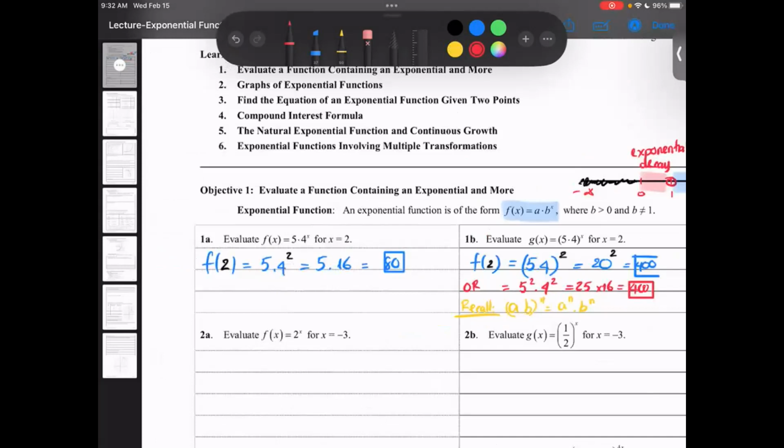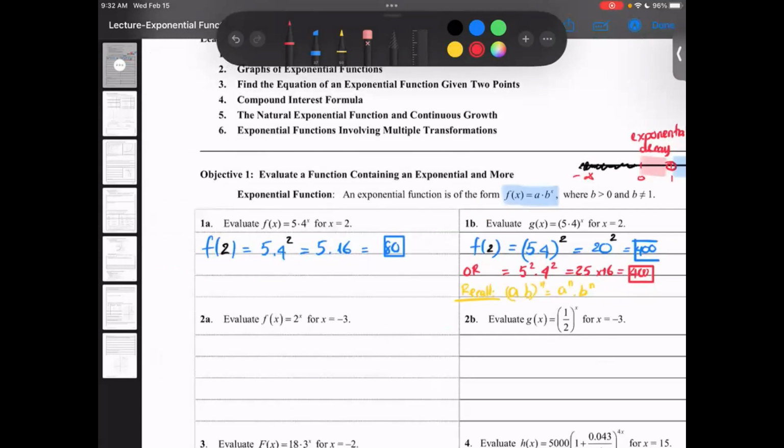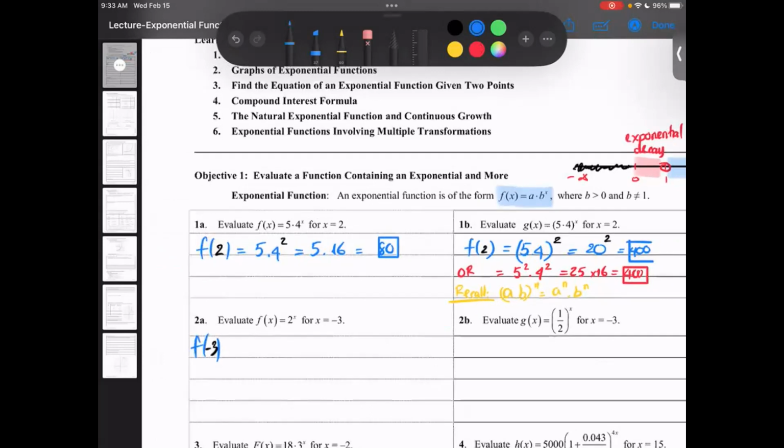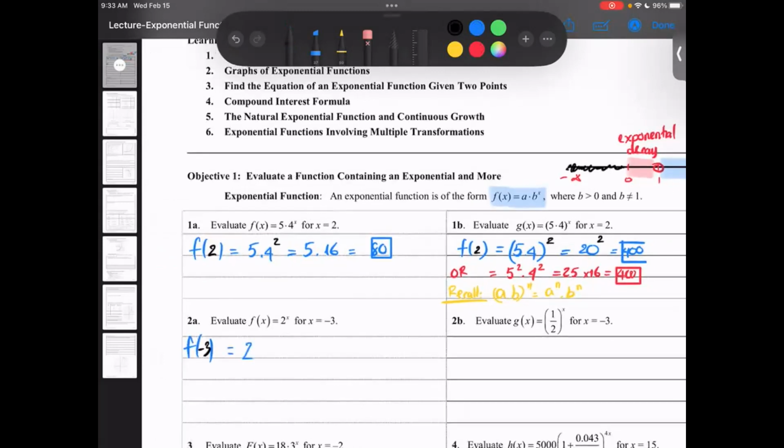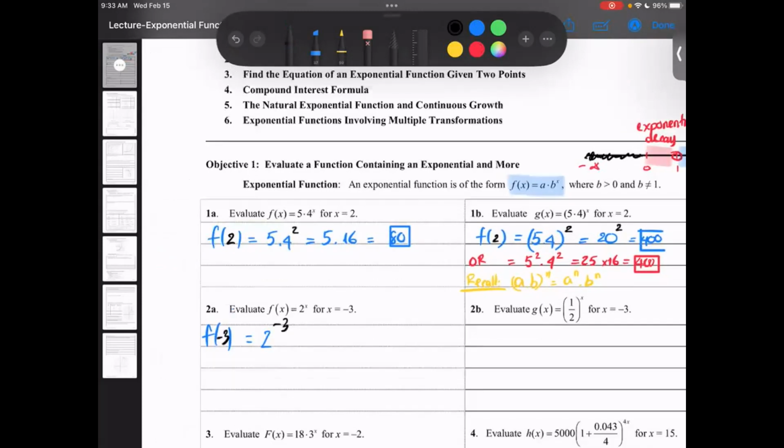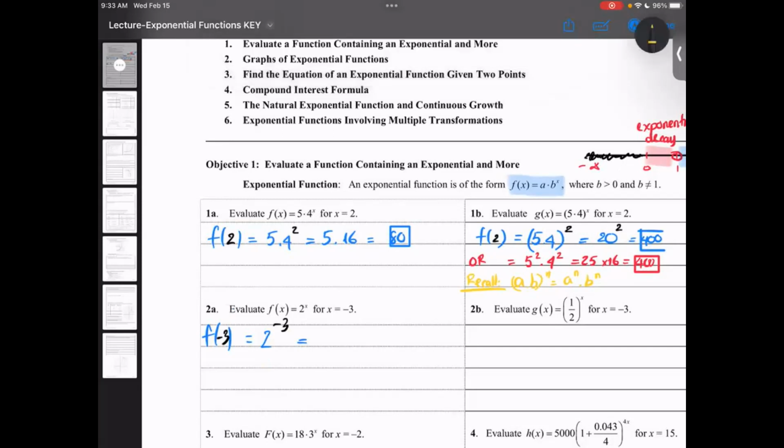Let's finish them all. Evaluate f of x where x equals negative 3. So f of negative 3 is equal to 2 to the negative 3. What does 2 to the negative 3 equal? Instead of 2, I'm going to write it as 2 over 1.